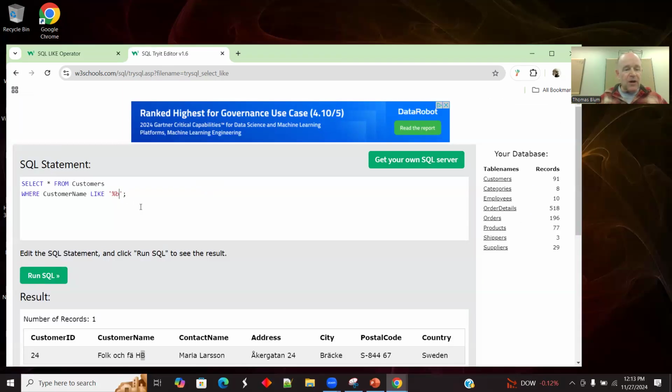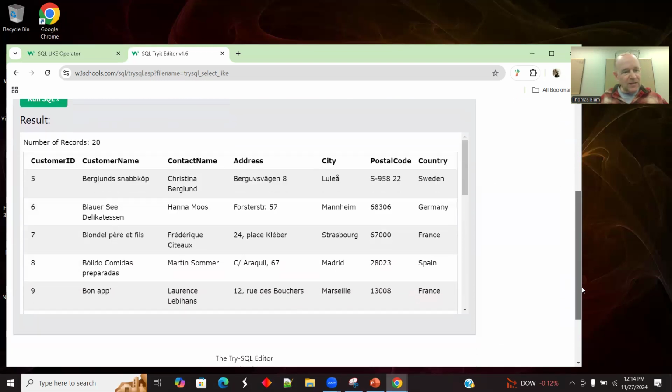And now let's try both. This should be anything that contains a B, so a B in the middle. We'll see if customer 24 appears, and if anything begins with a B. So here is our list.